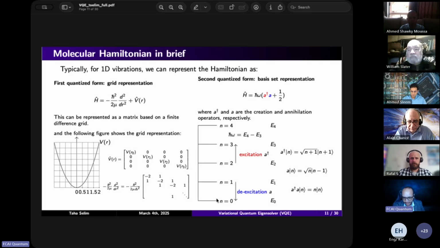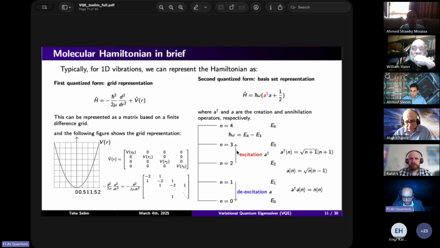So then you go from this and you go up or down, building in the vacuum. So you can build states in the vacuum. So you go by what we call ladder operators. So each operator can go up. So you go with excitation. We call it a dagger. Or you can go down in the ladder and we call it the de-excitation operator, and that's A.